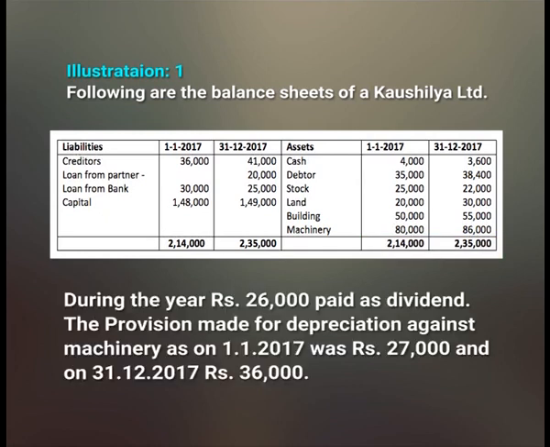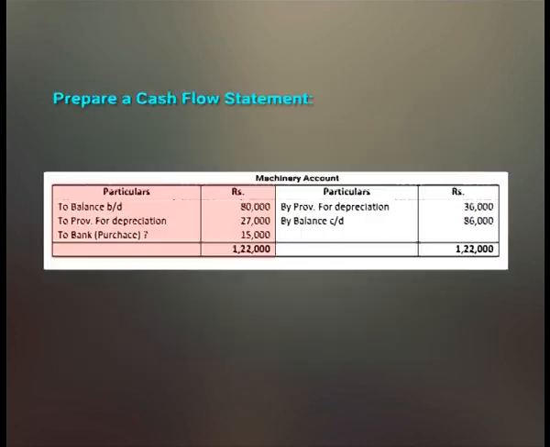We are given some adjustments. During the year, rupees 26,000 was paid as dividend. The provision made for depreciation against machinery as on 1st January 2017 was rupees 27,000 and on 31st December 2017 is rupees 36,000. Now, we will have to prepare a cash flow statement.